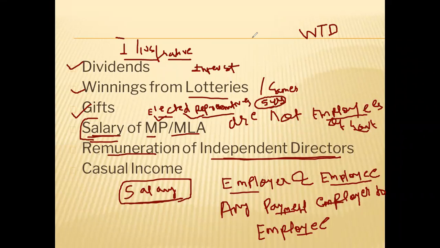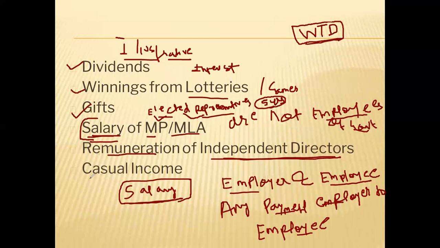If you read the Companies Act, you will understand there are independent, whole-time, executive, non-executive directors, etc. So any payment made to an independent director is not salary; if it is not salary, it will come under other sources. Whole-time directors are employees of the company, so their income will come under salaries.